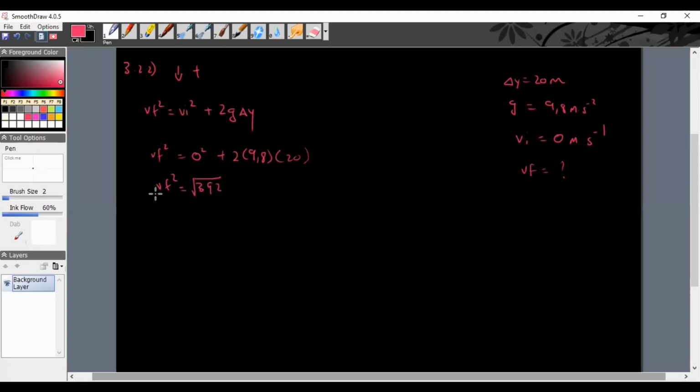We need to square root it, obviously. Therefore, the final velocity of this ball when it hits the ground is 19.79, so I'm going to round it up to 19.8 meters per second.